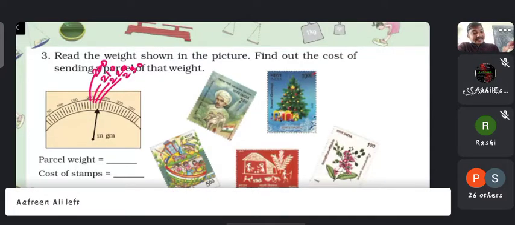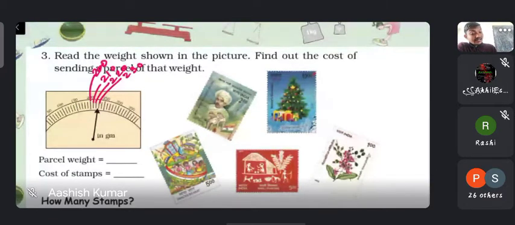So here the weight is 230 gram, since the arrow is on 230. In your book it may be different, but you have to write as in your book.